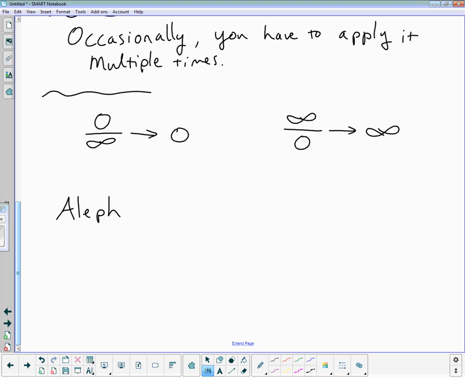I believe it's also the first letter in the Farsi alphabet, though I could be wrong on that one. It looks like a weird looking N. I'll have to look it up.